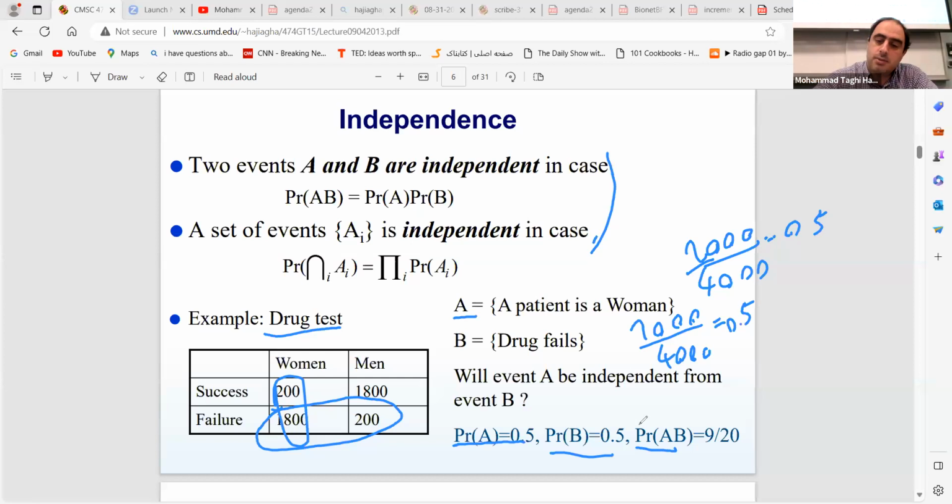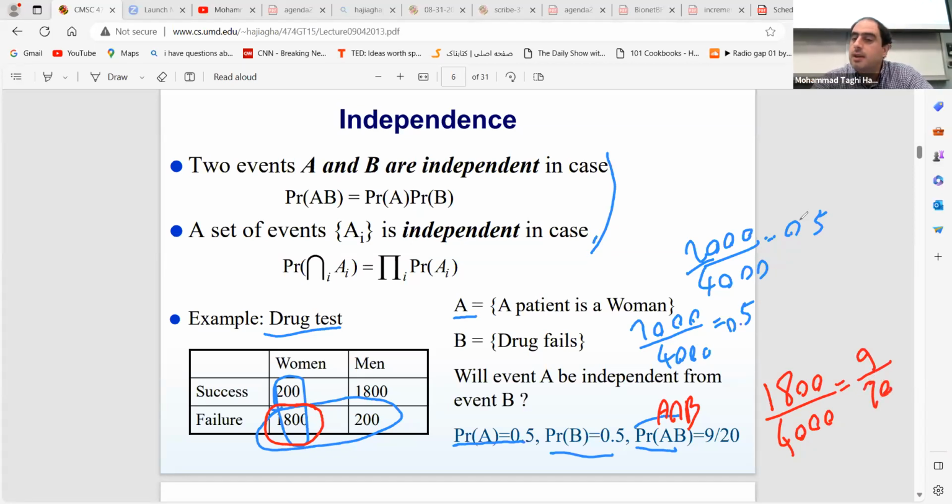A intersection B means that a patient should be a woman and the drug should fail, which would be this case, right? Which is 1,800. So that chance would be 1,800 over 4,000, which would be equal to 9 over 20.